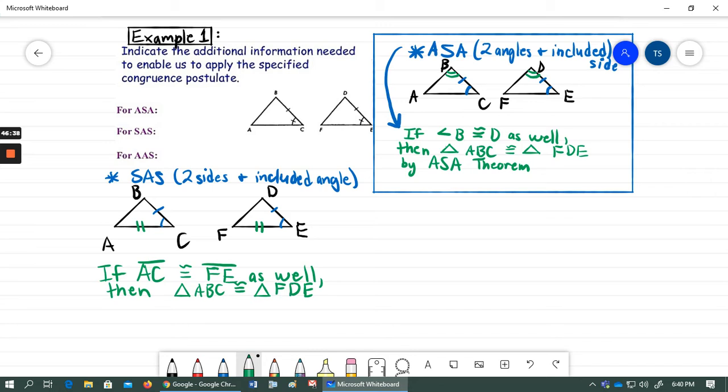FDE, that's a D, guys, not an O or anything like that. That is a D. FDE. Alright. And those two triangles would be congruent by the side angle side theorem, SAS.